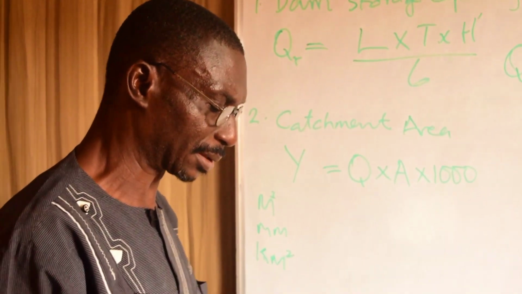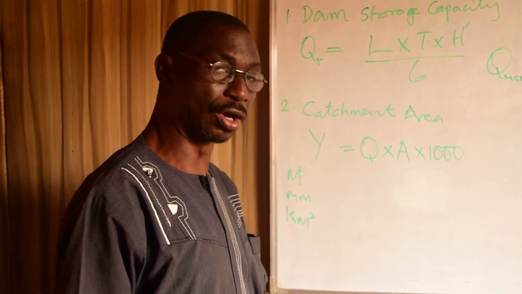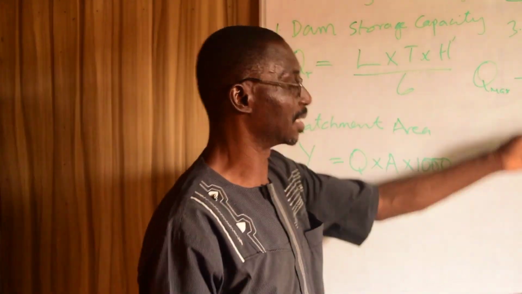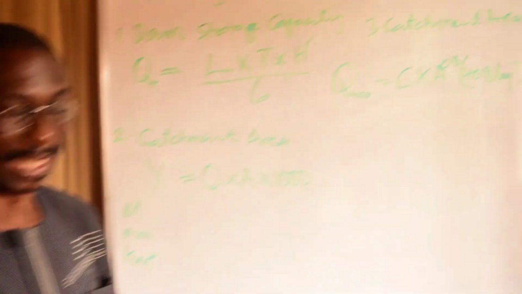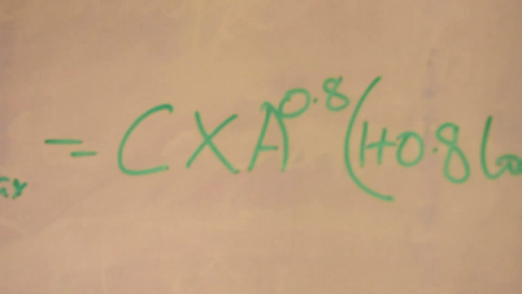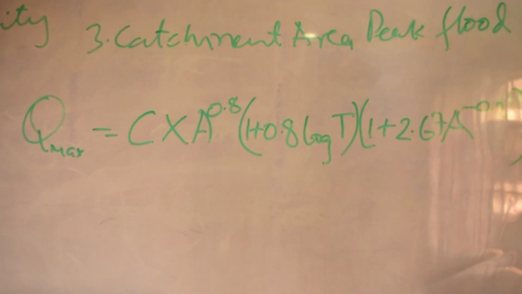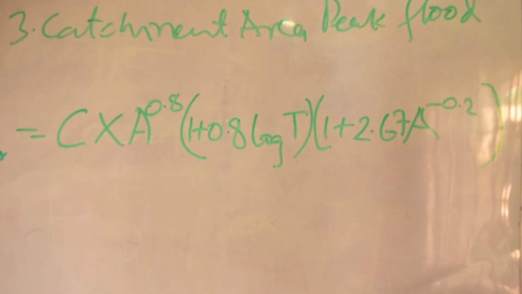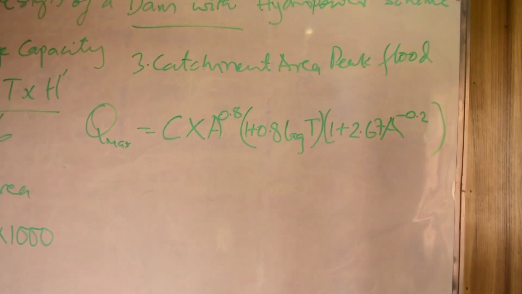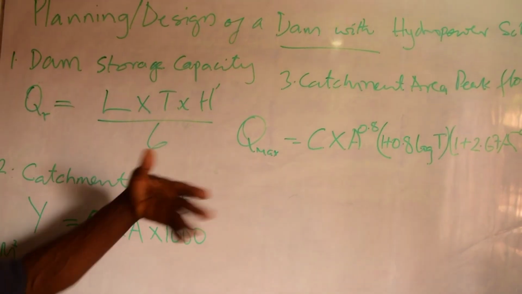Then C is the runoff coefficient, that's this C, while A is the area of the catchment, as we said earlier. T is the recurrence interval, while Q is the maximum flow. We have said it.